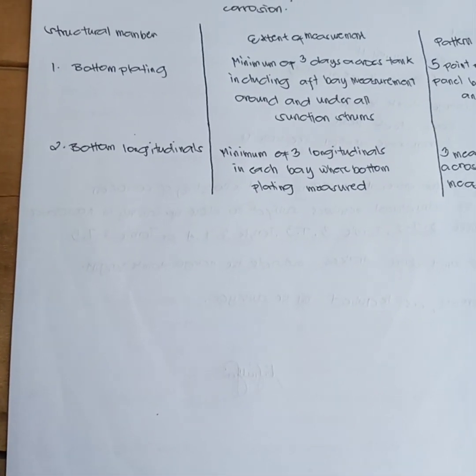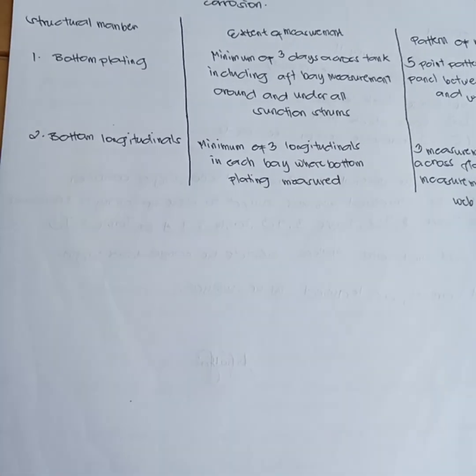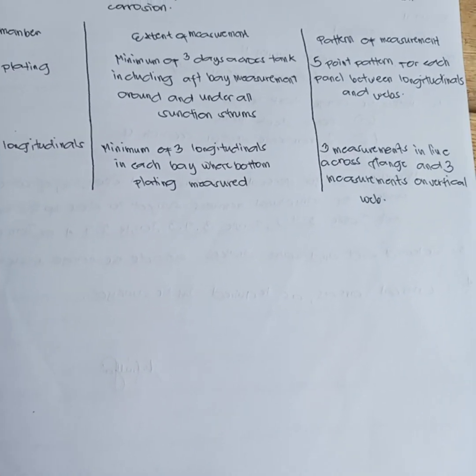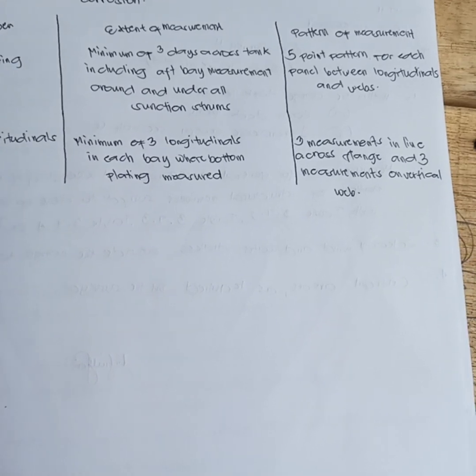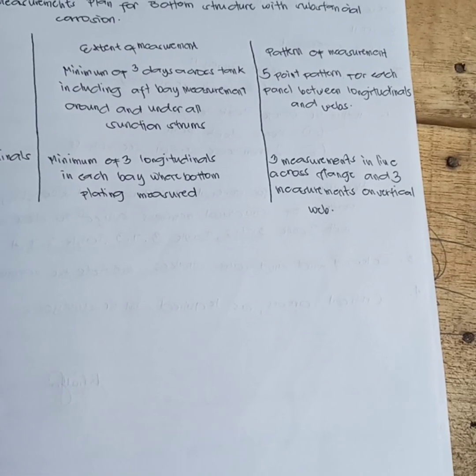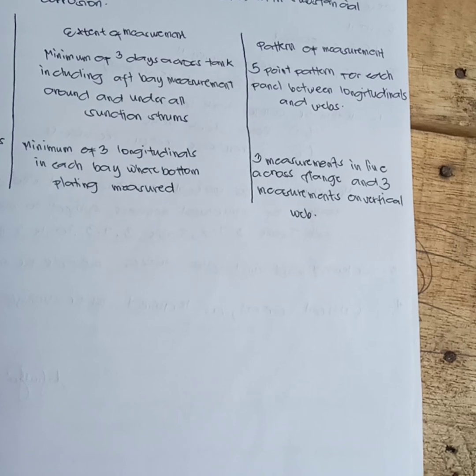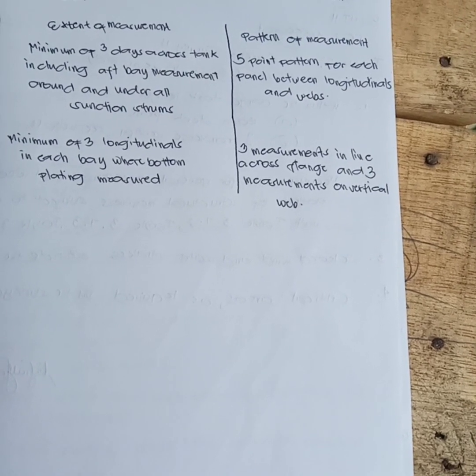Number 2 is the bottom longitudinal, minimum of 3 longitudinals in each bay where bottom plating is measured. 3 measurements in a line across flange and 3 measurements on vertical web.